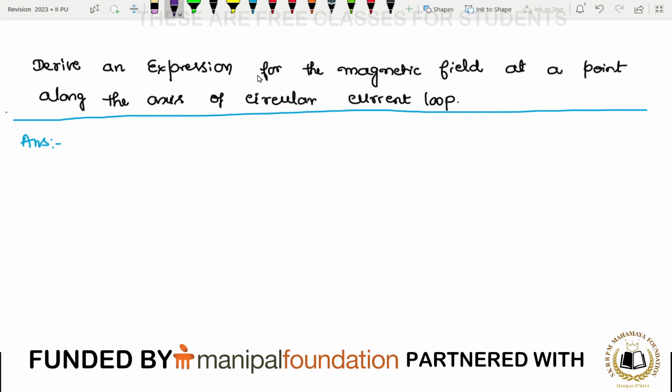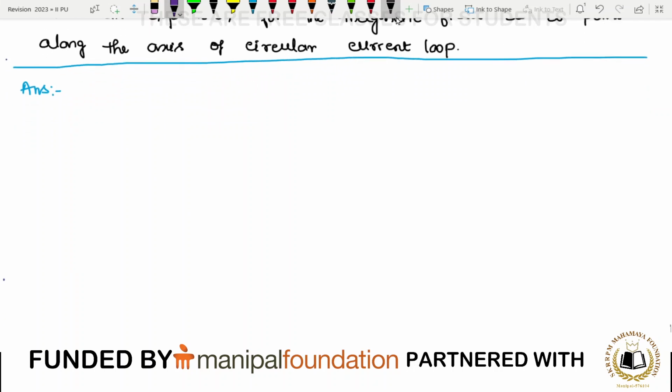Okay. So I'll take one circular loop here, which carries current in the anti-clockwise direction. I is the current and R is the radius of the loop kept in the plane over there.